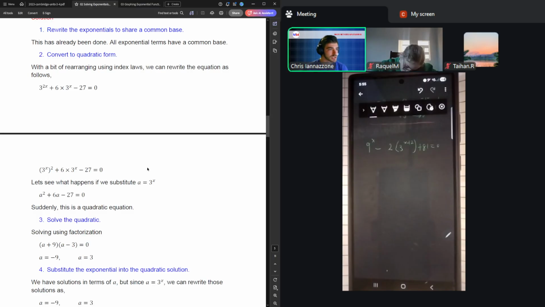Step 1 wants us to make sure all exponentials share a common base. The first question you've got to ask yourself is, do they currently share a common base? And if not, what could we do?